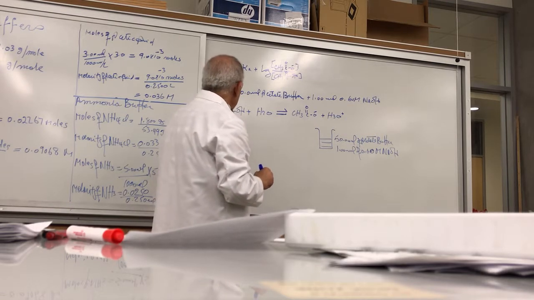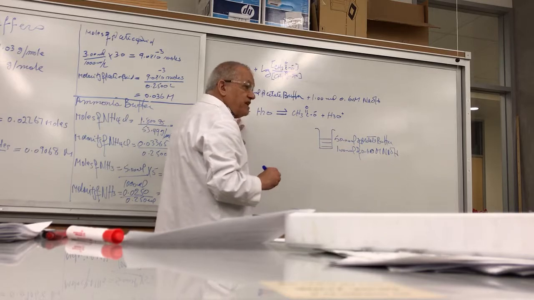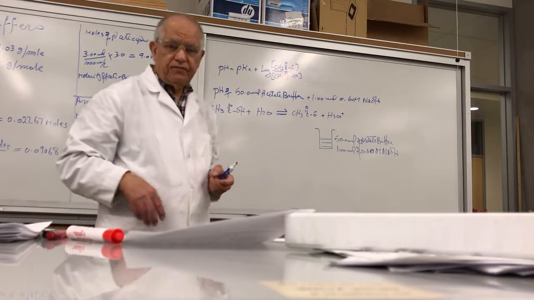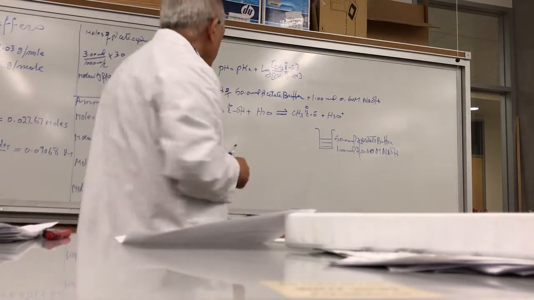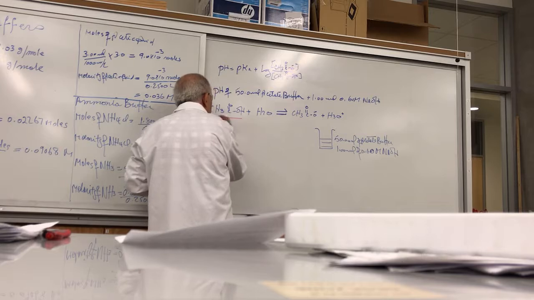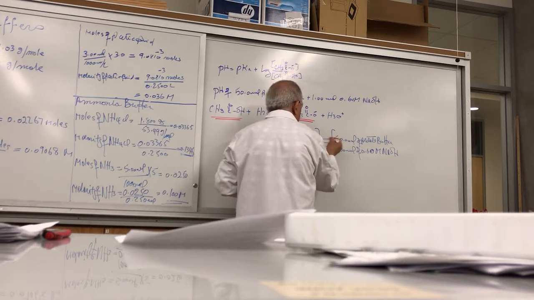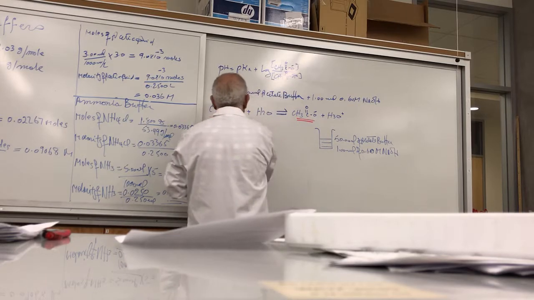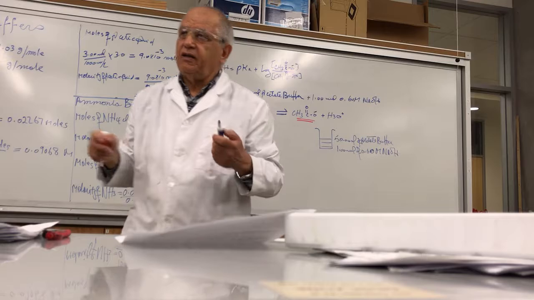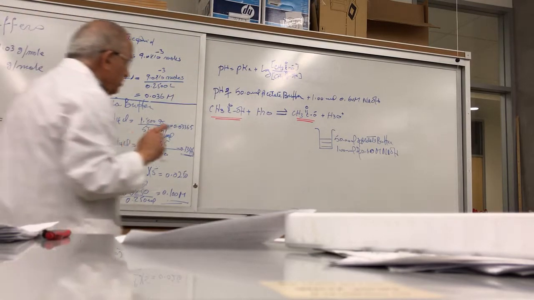Actually, you have a mixture in this flask of these two. You have acid and base, weak acid and its conjugate base. Now you understand what you need to understand.